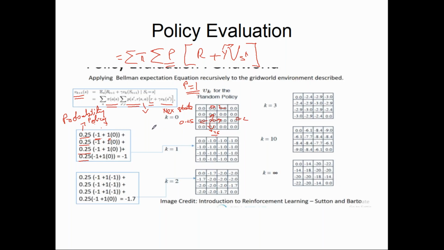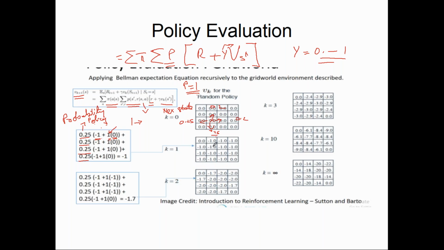Gamma value could be between 0 and 1. In this case, the gamma value is 1. And then the value of the previous state.